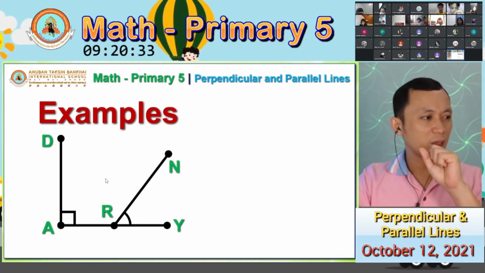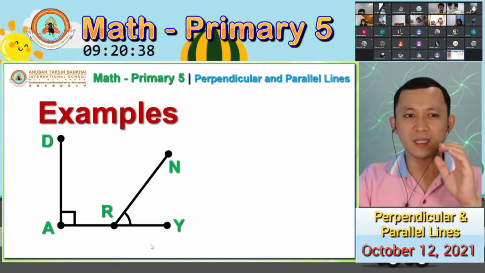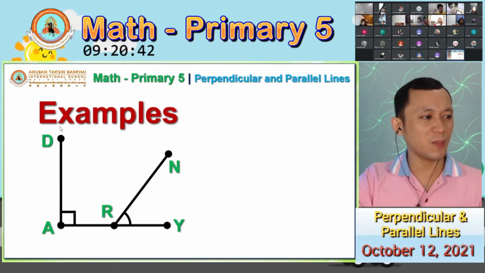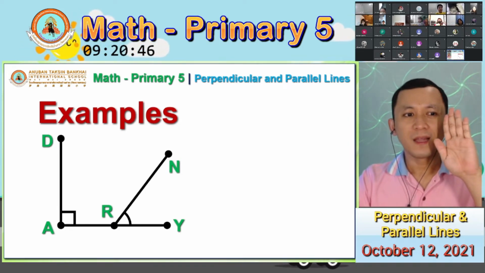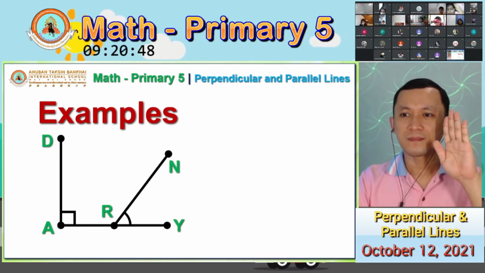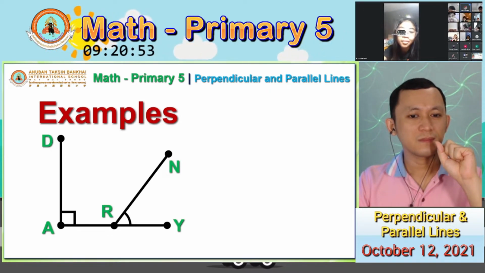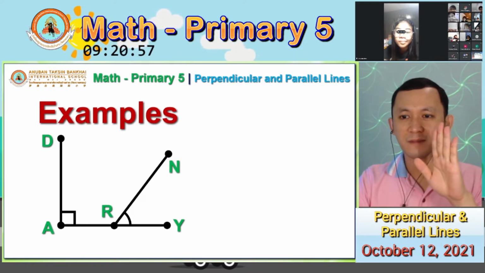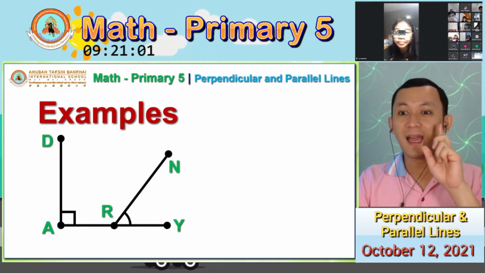We have line segment DA, the teacher's own name, D A R N Y. What else? We have line segment YA or AY. What else? RN, very good.